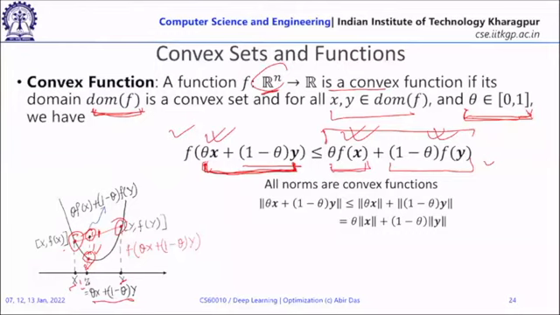That 0.4 can be 0.6, 0.7, etc., but both sides have to reflect the same value. That is the definition.